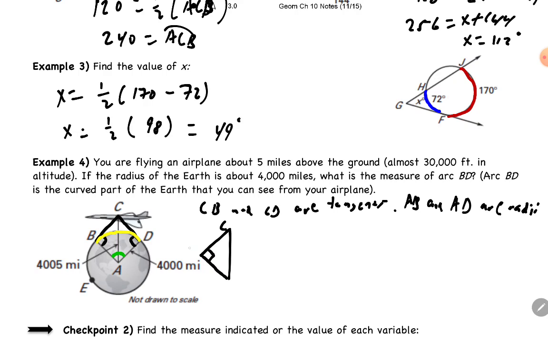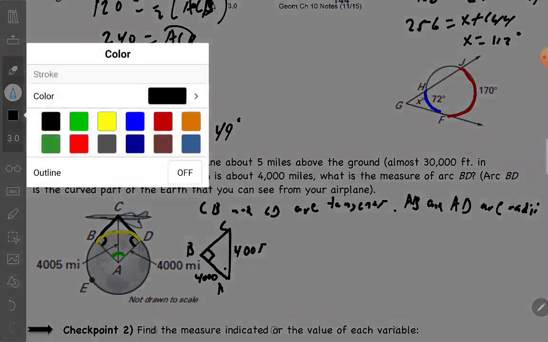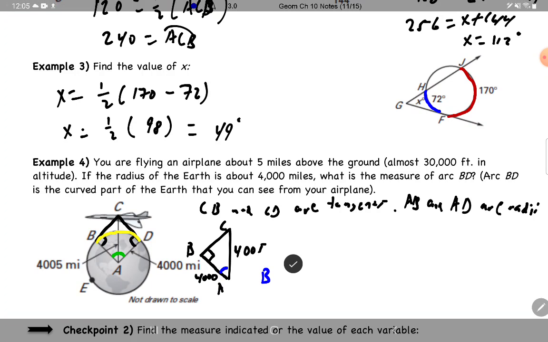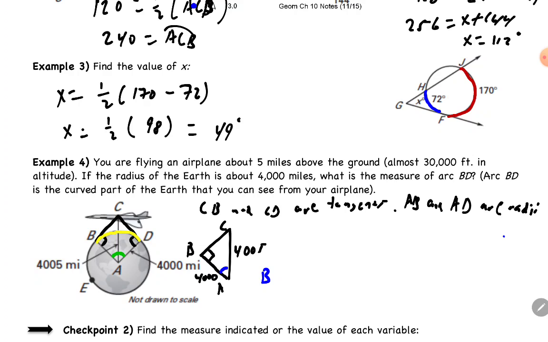Here's the left triangle, CBA. We know that this is 4,005, and we know this is 4,000. Using our past chapter, we're going to be able to find angle A. So let's make that blue. To find angle A, we're going to use two sides that we do know: 4,000 and 4,005.